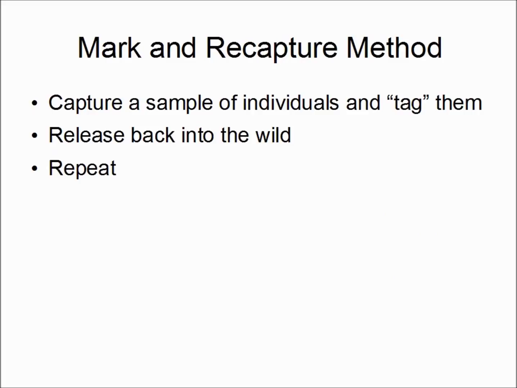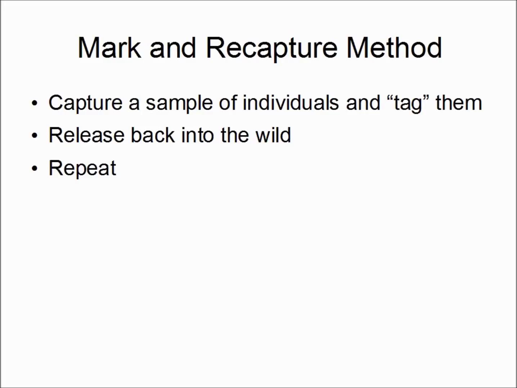Sometimes when we capture birds, we'll tag them by putting a bright colored plastic band around their leg. I've seen people capture black widow spiders in a cave and actually paint a number on their back with a permanent marker. So anyway, you do something to indicate that this animal has been captured before.